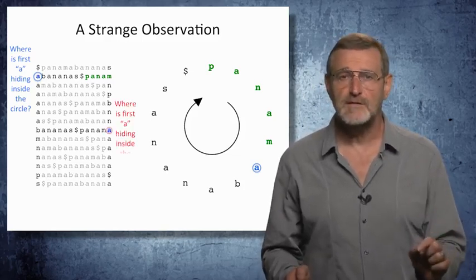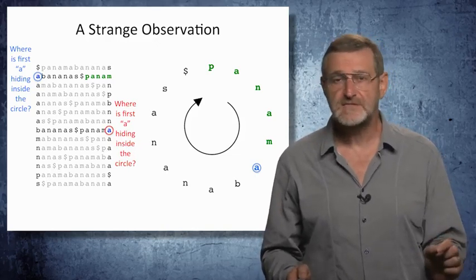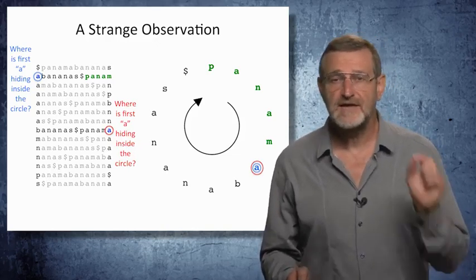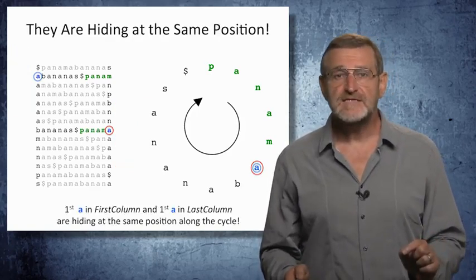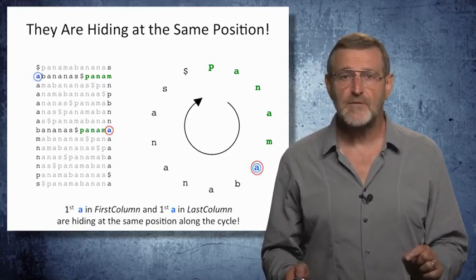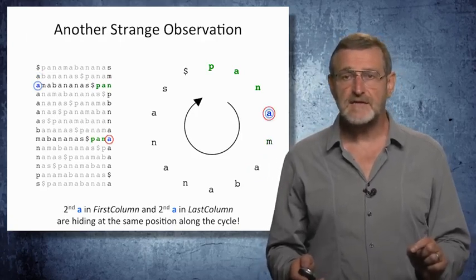And therefore, we know all 2-mers in the cyclic rotations of our string. And if we sort them, then we will get the first two elements in each row of our Burrows-Wheeler transform matrix.